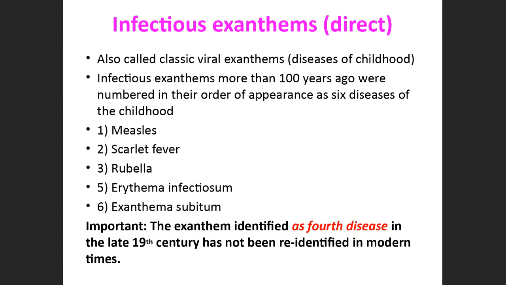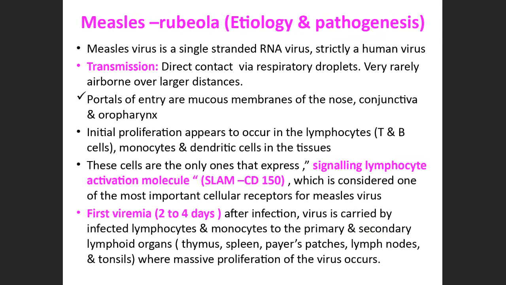First is measles, followed by scarlet fever, rubella, erythema infectiosum, exanthema subitum. The exanthem identified as fourth disease in the late 19th century was identified, but after that it was never seen.